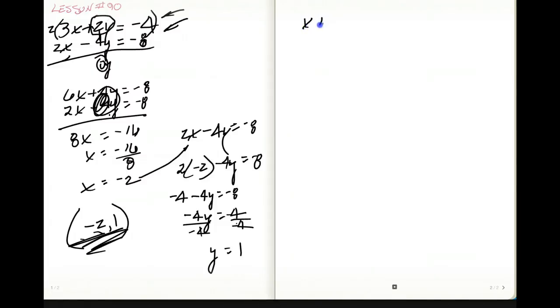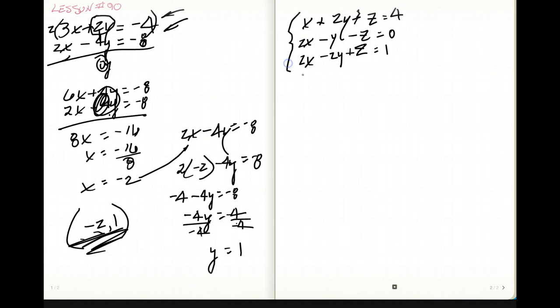So when I have x plus 2y plus z equals 4, and then here I have 2x minus y minus z equals 0, and then I have 2x minus 2y plus z equals 1. So I got this system of equations here.